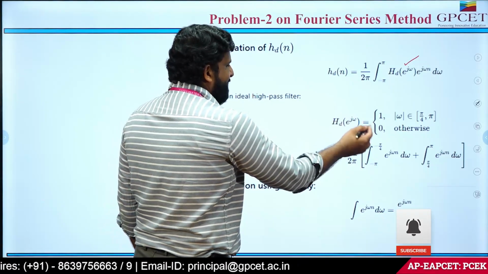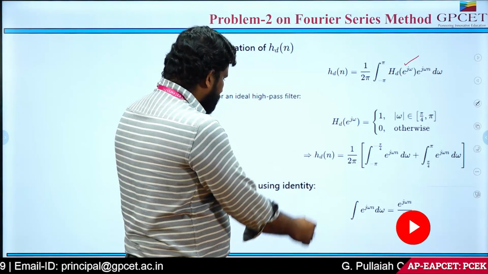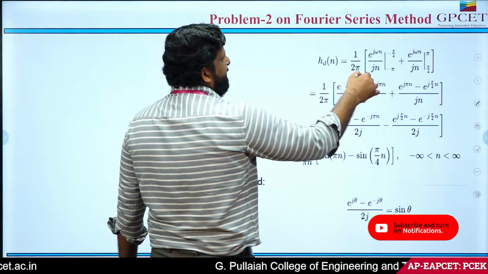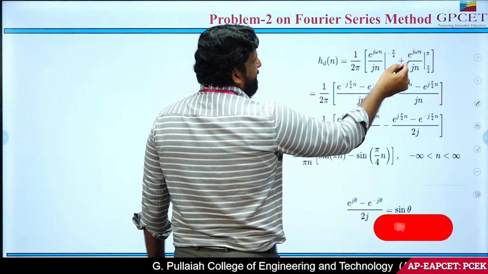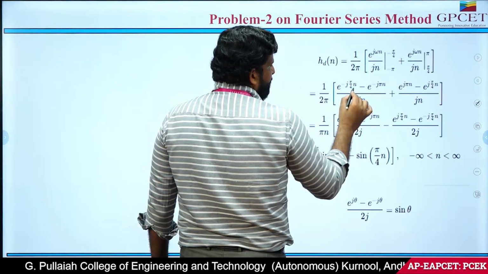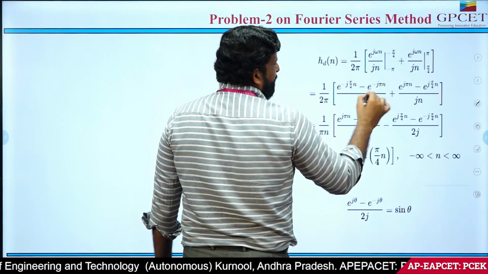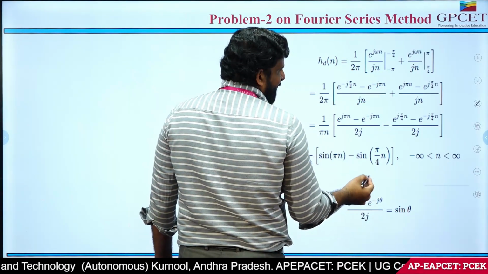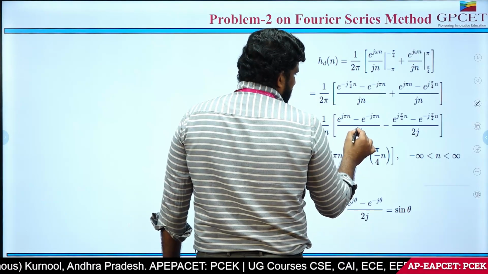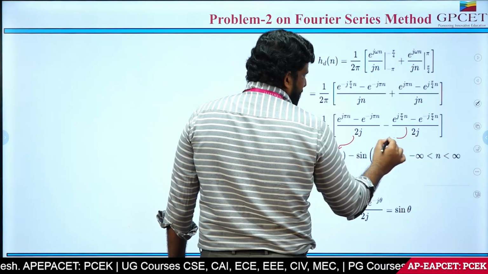By using this condition in that integral and doing the derivations, after applying the upper limit and lower limit, we will get one term which is e power j pi n minus e power j pi by 4 n, divided by jn. So according to the identity, this is nothing but sine theta, and this is also nothing but sine theta.